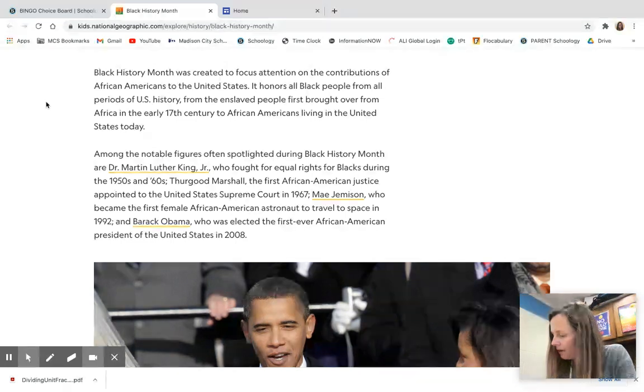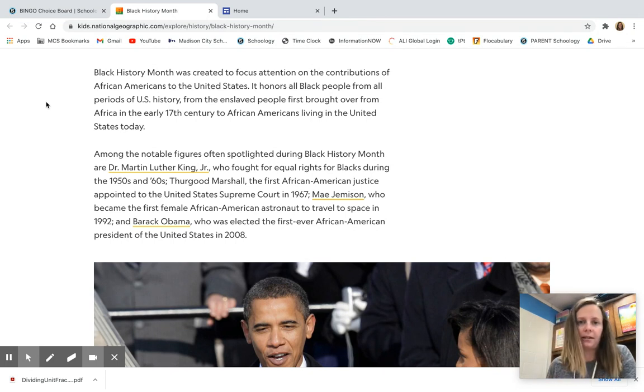The purpose of Black History Month is to recognize the contributions of African Americans to the history of the United States from the 1600s onward. I didn't copy any of that from the text. It's my own understanding of what I read.